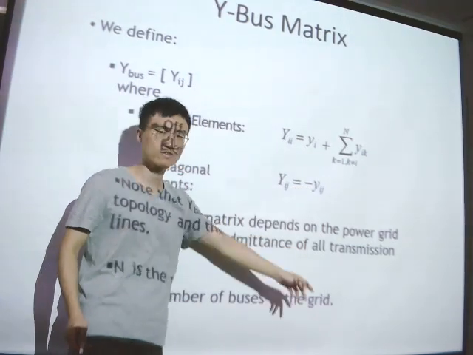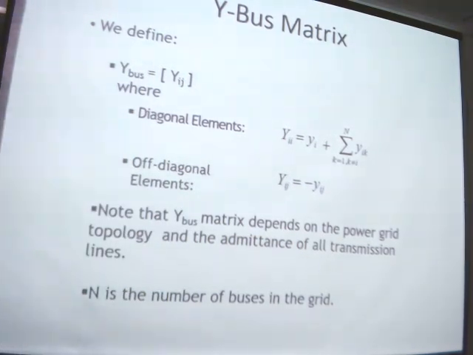So the mutual admittance between bus A and bus B is equal to the negative line admittance.